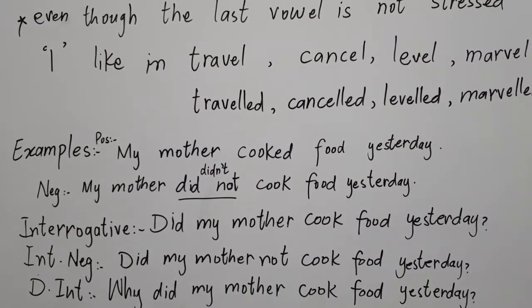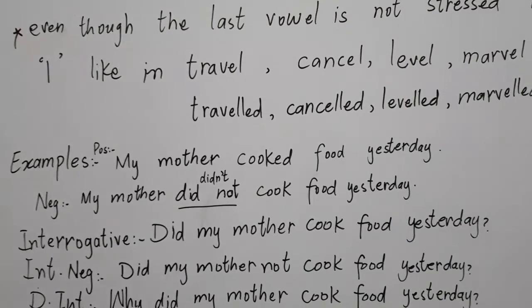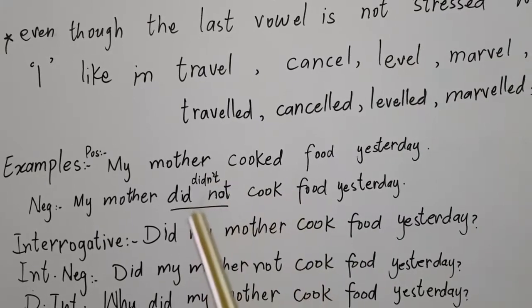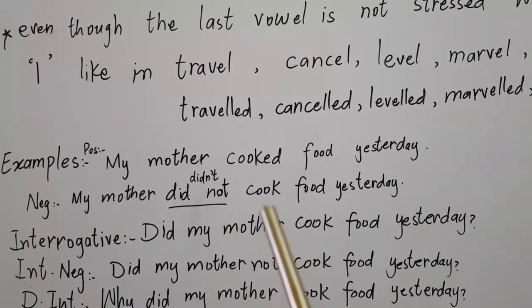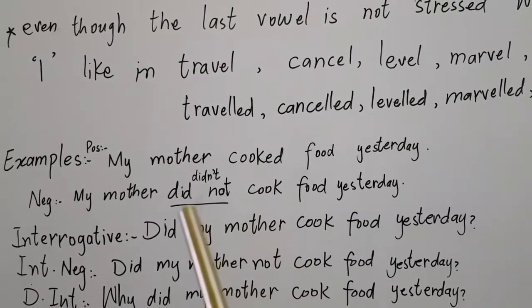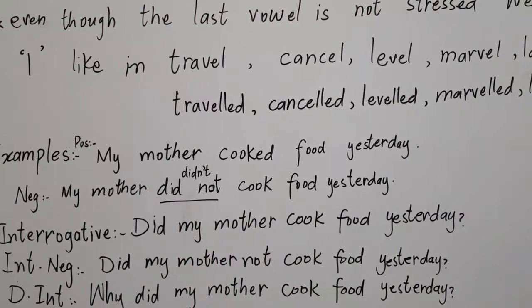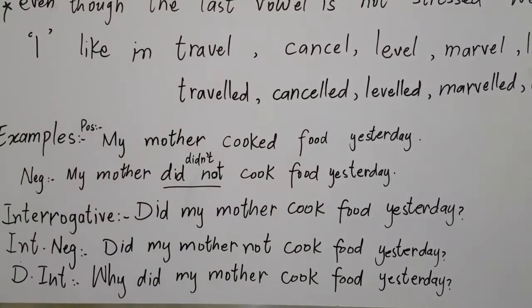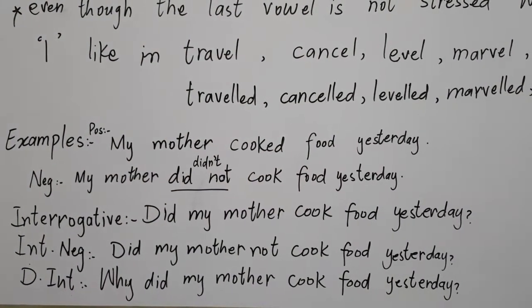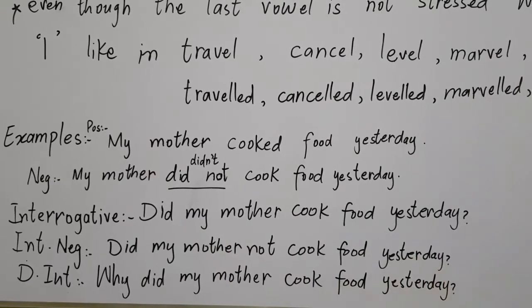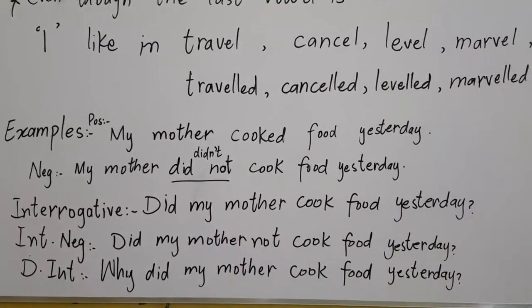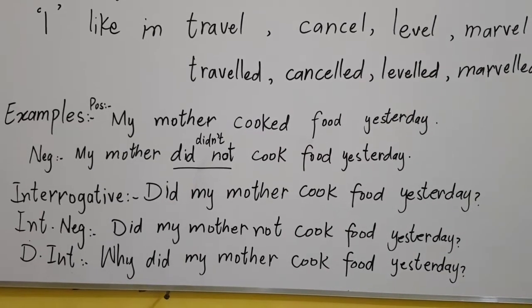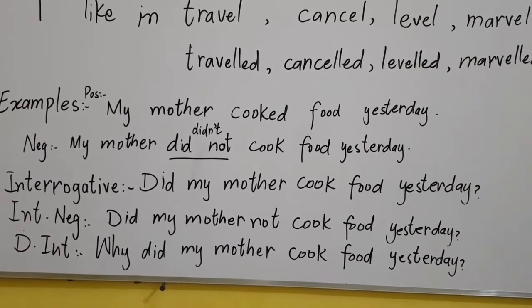Did not, I have written in contraction, didn't, with the use of an apostrophe. Now see, after didn't I have used the verb cook. As you know, when we use did, with did we use the first form of the verb. Interrogative: did my mother cook food yesterday? Interrogative: did my mother not cook food yesterday? Double interrogative: why did my mother cook food yesterday?